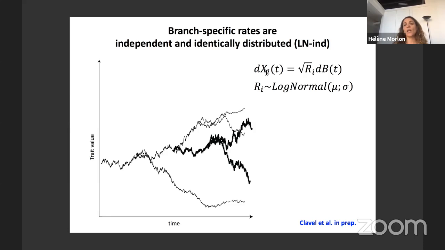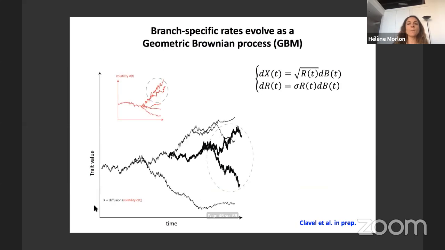So here we have the evolution of a trait value, which is still a Brownian process, but the rate of evolution of this process is drawn from a log-normal distribution, and he was able to find Bayesian inference approaches for this model.